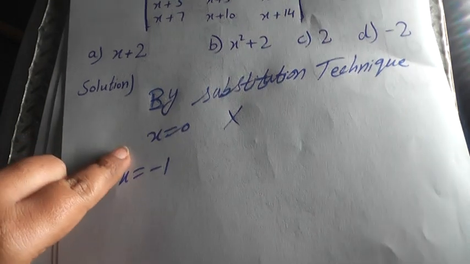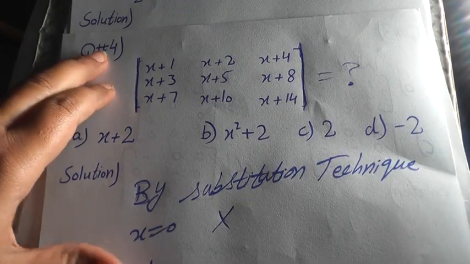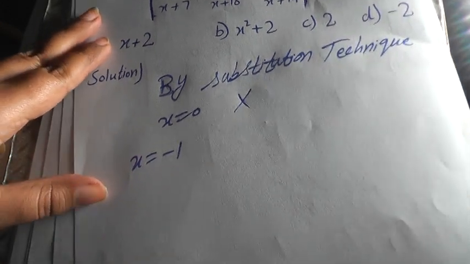If we use x is equal to -1 in the given determinant, let's see what happened.